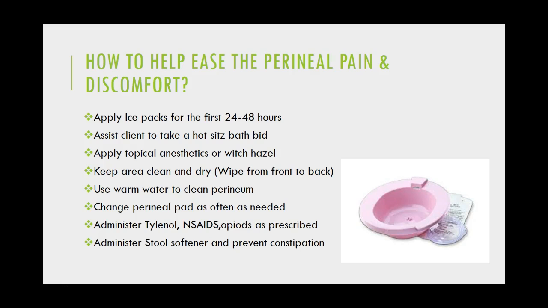This little picture here is what a sitz bath looks like. It's something that sits in the toilet seat, and it almost looks like an enema bag with a tubing.